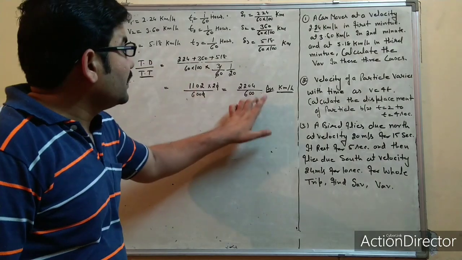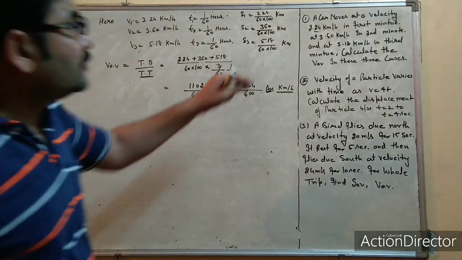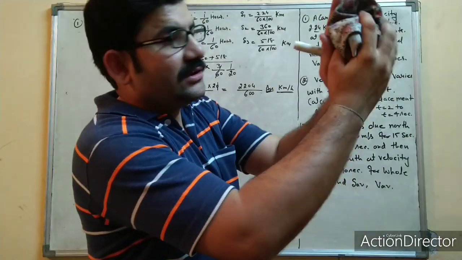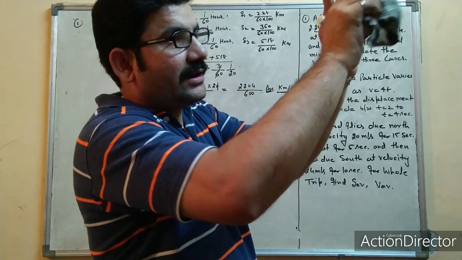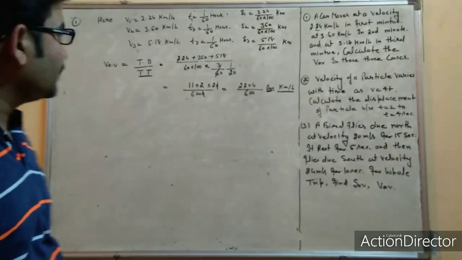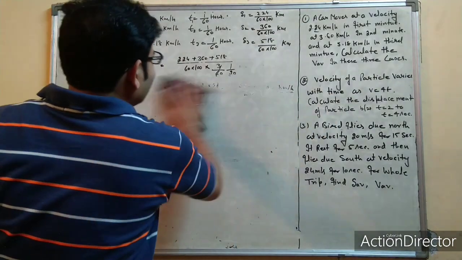So this is the complete answer for the average velocity for the entire journey in these three cases, because in that question there are three cases. You just add the three cases and get the complete journey. For that journey, the average speed generally comes out. Now the velocity comes out. Now the second numerical.